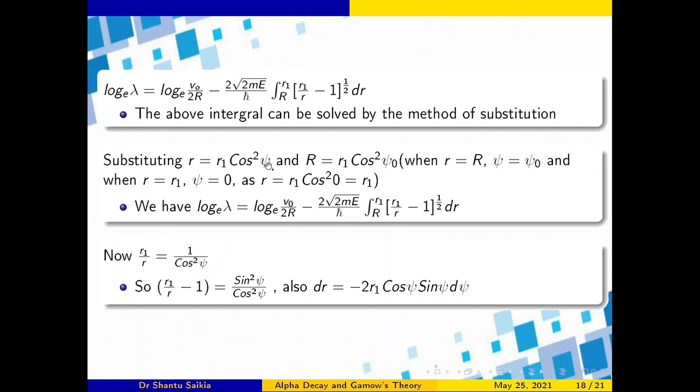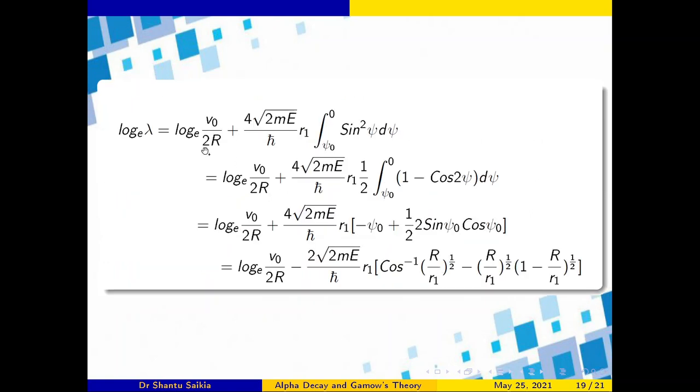In terms of psi, it is minus 2 R1 cos psi sin psi d psi. So we can find out dr. We find out R1 by R minus 1. Putting it back in this expression, we have the equation as this.